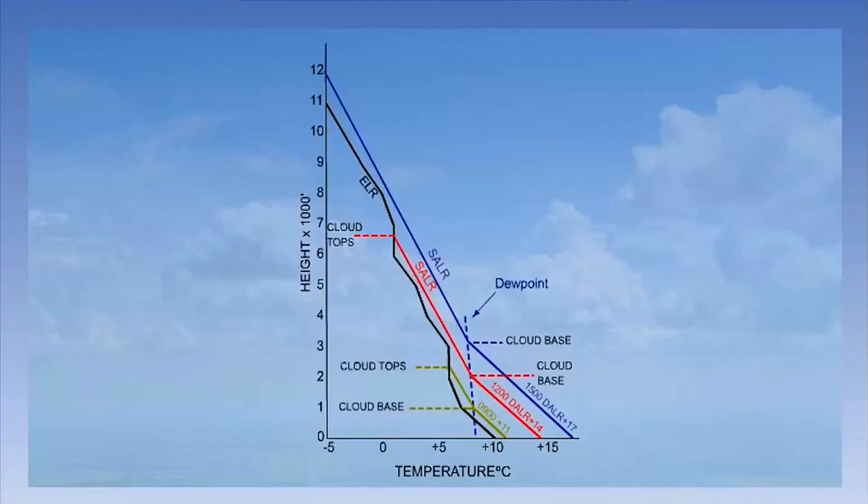At midday with a surface temperature of plus 14 degrees Celsius, we can lift a parcel of air to this height with this cloud base and top. Finally, at 1500 hours with a temperature of plus 17 we get our maximum convection with maximum temperature and the cloud tops going off the top of the graph.